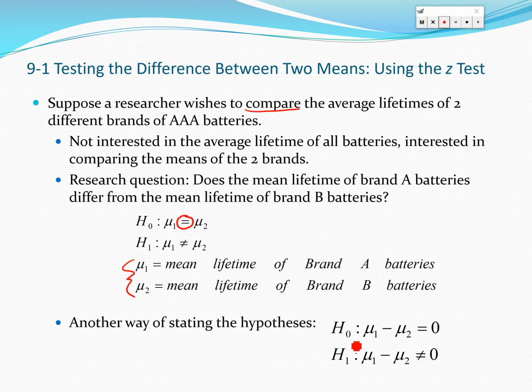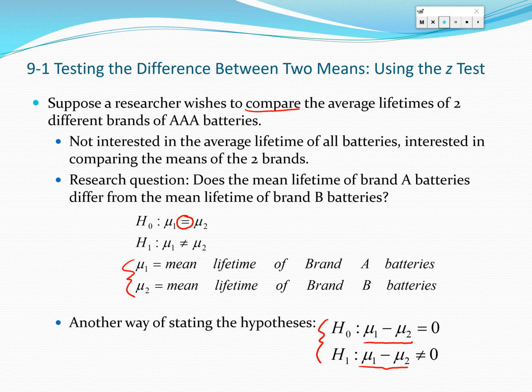Now, another way, when you're comparing them, if you're saying that the two means are equal, that's the same thing as saying that their difference, by difference we mean subtract, is actually 0. So if the two are the same, their difference would be 0. If the two are different, with the not equal to, their difference would be something other than 0.